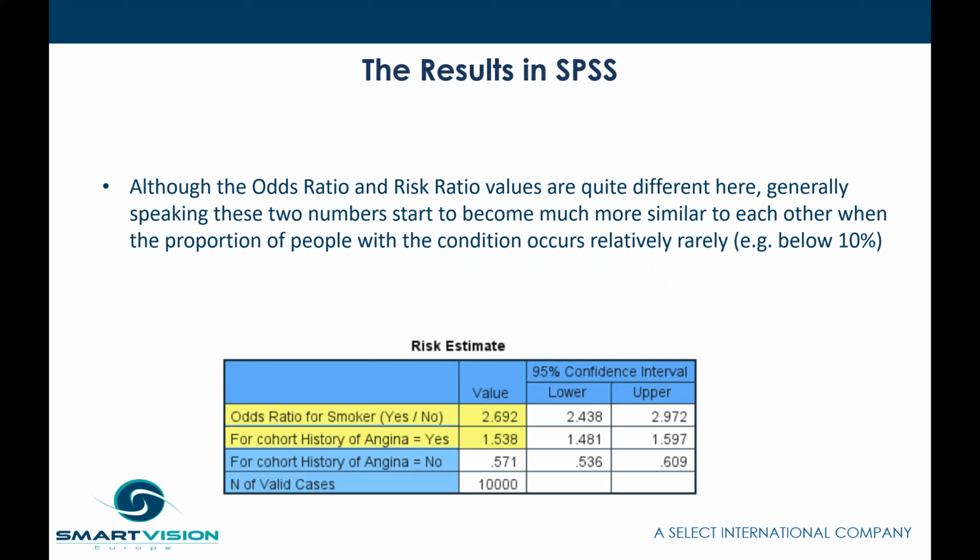So when you're dealing with quite a rare condition, below 10%, something like that, the odds ratio and the relative risk ratio are similar to each other. Now, which one you quote usually depends on the research that you're doing and what other previous research you're comparing your results to. So if the standard is that they use odds ratio, then you use odds ratio, and if the standard is that they use relative risk, you use that.